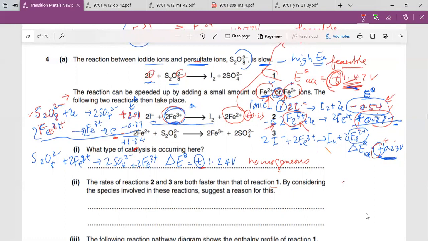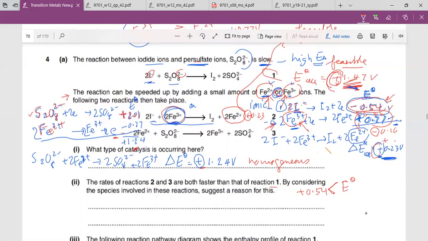That means your E0 here must be bigger than plus 0.54. If it's less than 0.54, say plus 0.44, then it's going to be negative, isn't it? Negative 0.10, that means not feasible. So your E0 must be bigger than this one here.